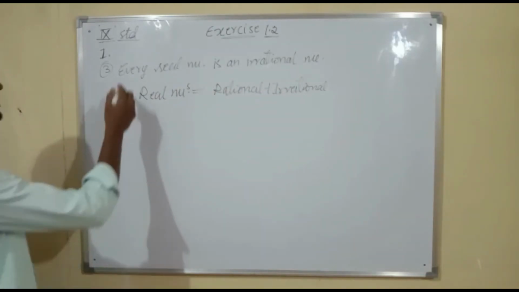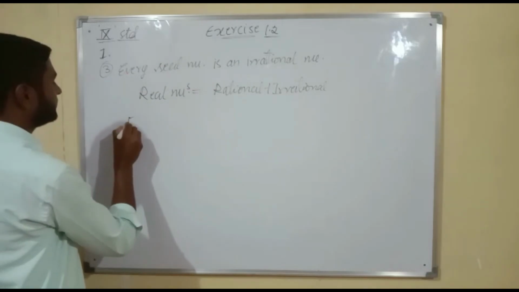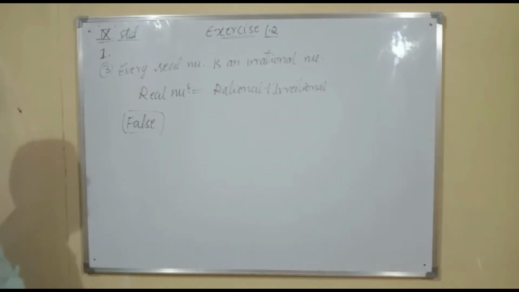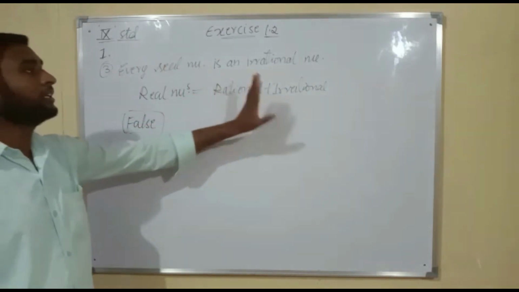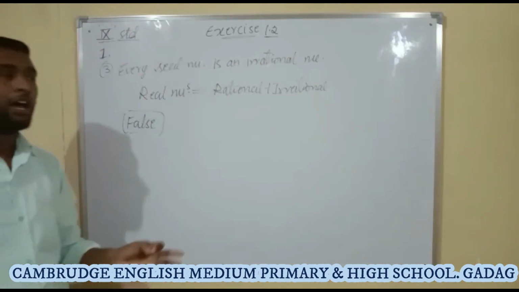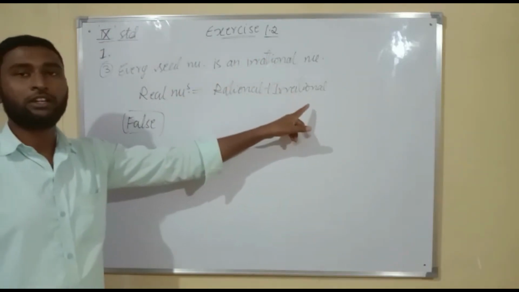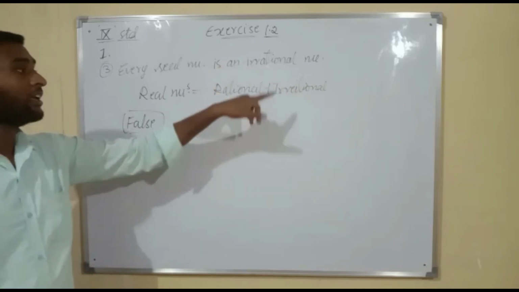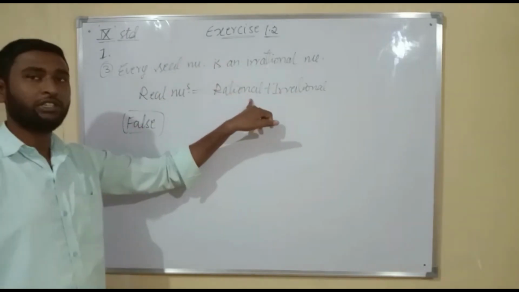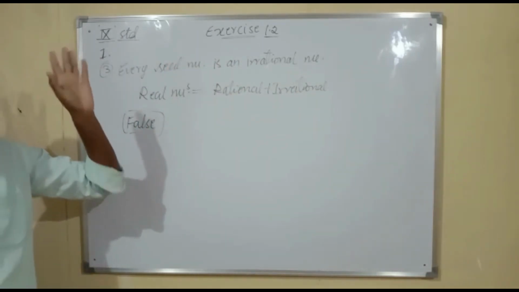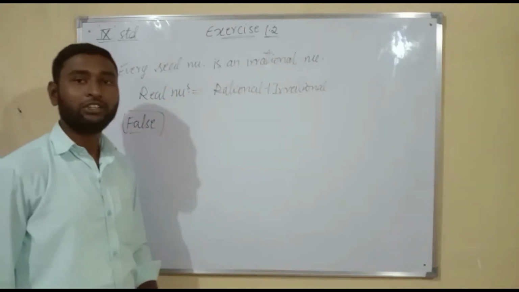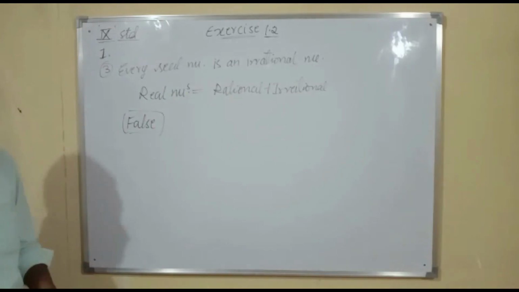That's why the above statement is false, because every real number is not irrational. A real number is either rational or irrational. So we can say every irrational number is a real number, or every rational number is a real number. These statements are true. But if we say every real number is an irrational number, it is false.